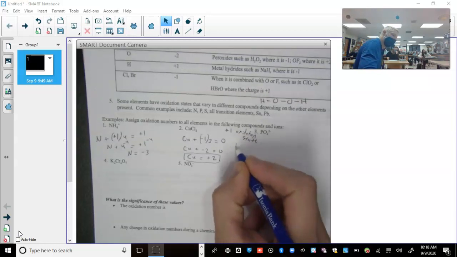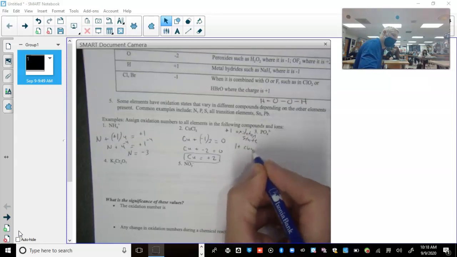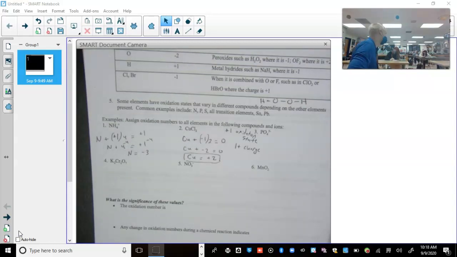If you have something like 1+, that is the charge. So it is purposeful what you put first. I don't believe the IB curriculum is going to ask you any specific questions with that, but that is the difference.